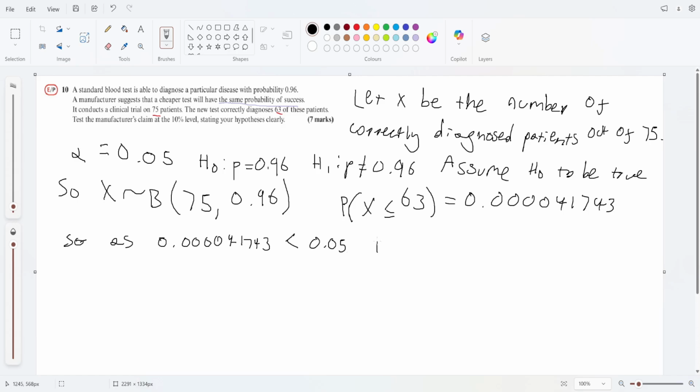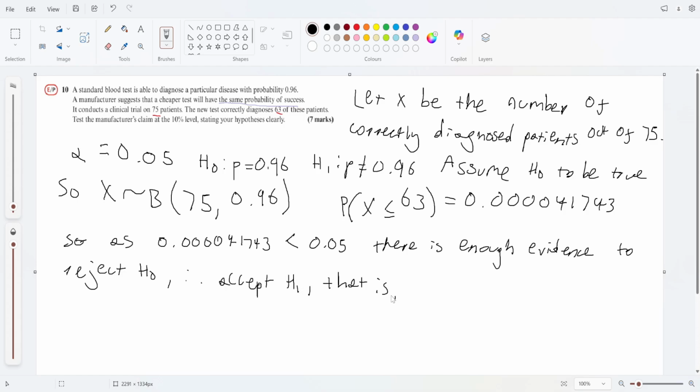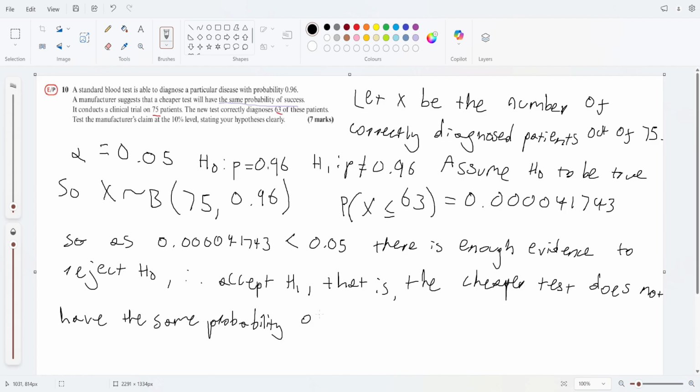So there is enough evidence to reject the null hypothesis. Therefore, we accept H1. And then you have to put it into context. So the cheaper test does not have the same probability of correctly diagnosing patients. And that is a full question.